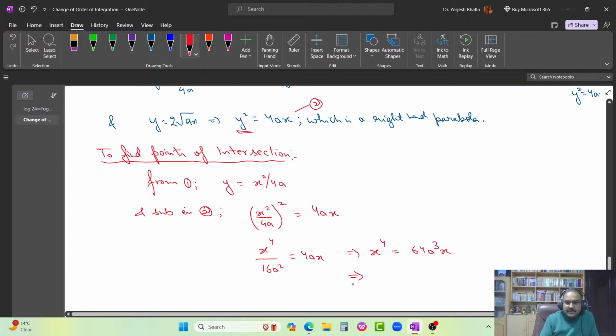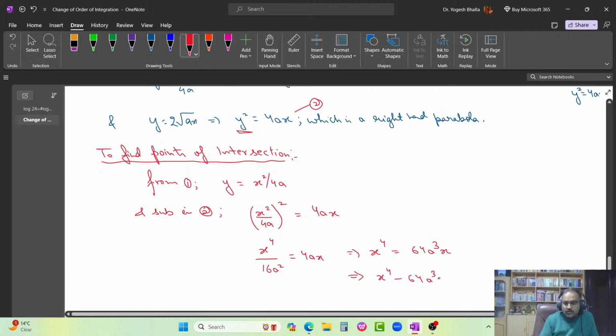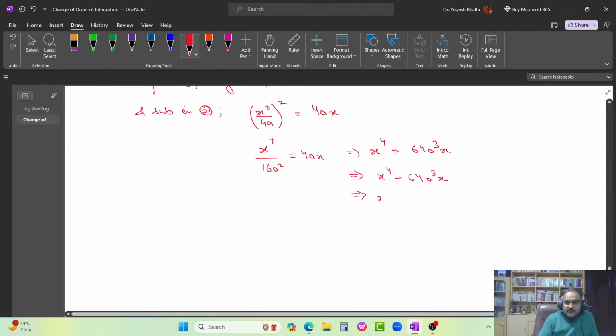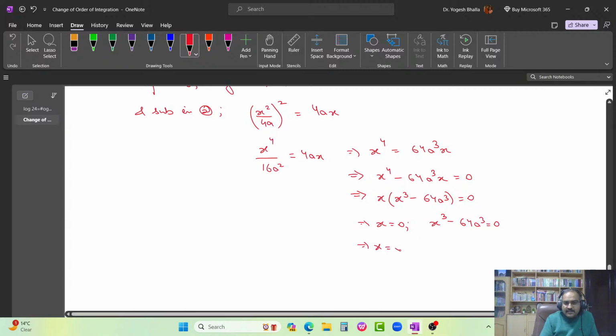When finding the points of intersection, never cancel the variables. So take all the terms on one side and take common. It will be x to the 4 minus 64 a cube x. Now I can take x common, so it will be x times x cube minus 64 a cube equal to 0. That means either x equal to 0, or x cube is equal to 64 a cube, or we can say x is equal to 4a.